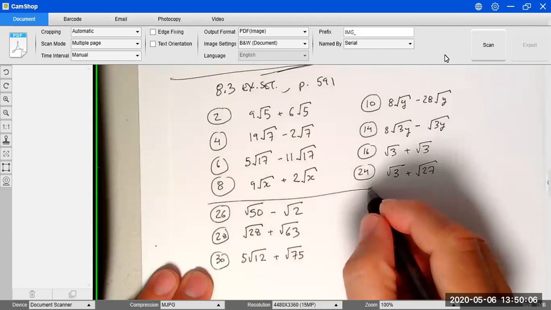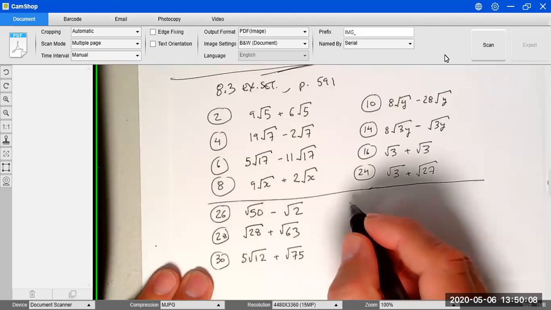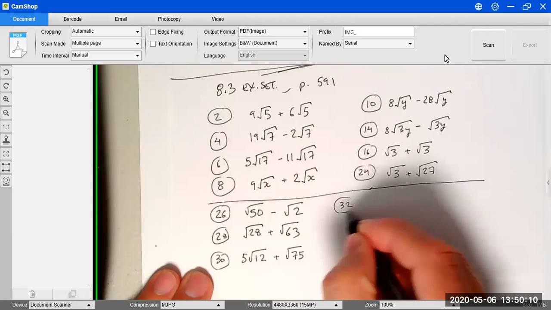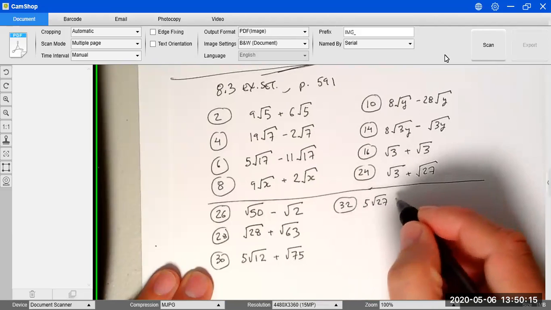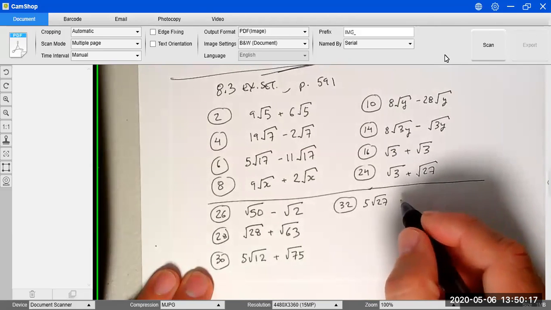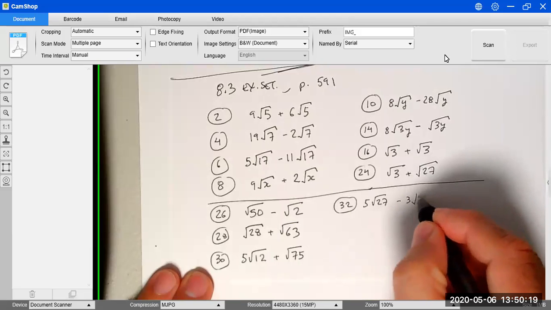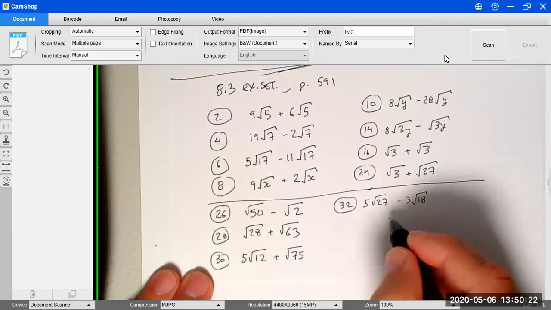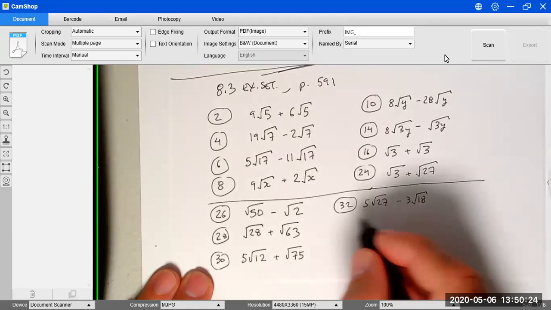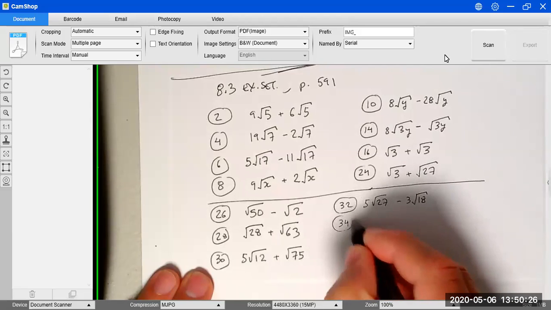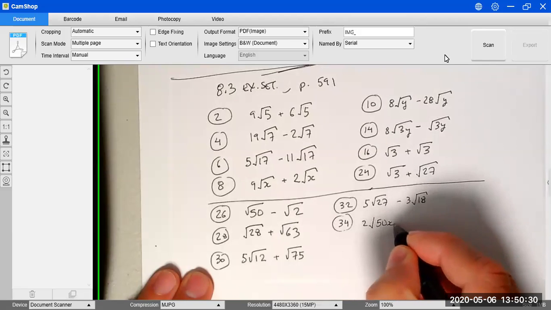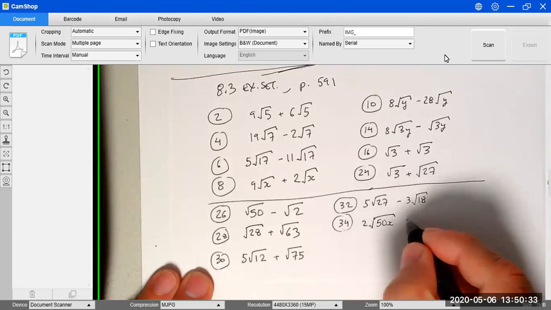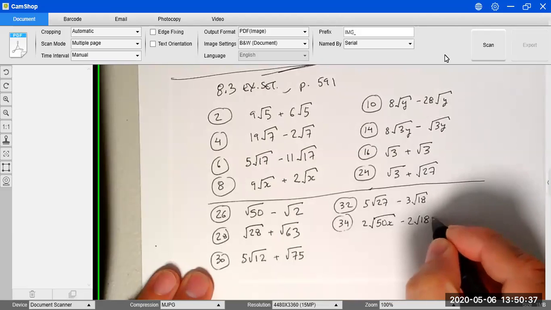And then I have 32, which is 5 times radical 27 minus 3 times radical 18. Then we have 34, which is 2 times radical 50x minus 2 times radical 18x.